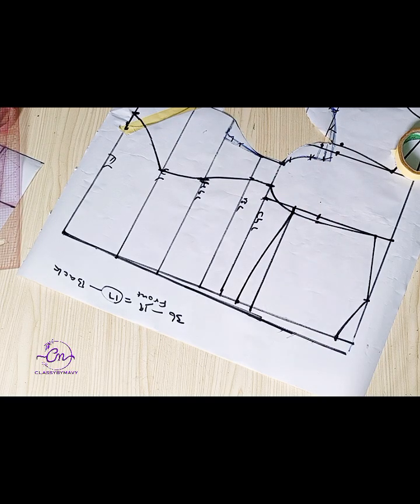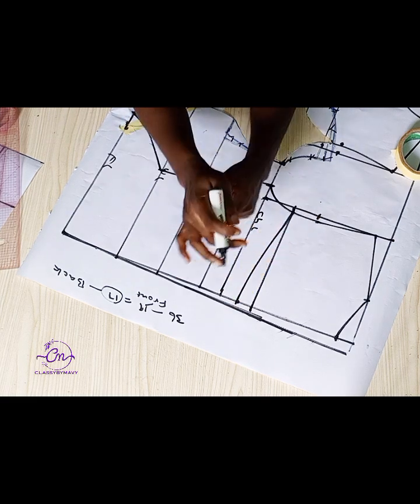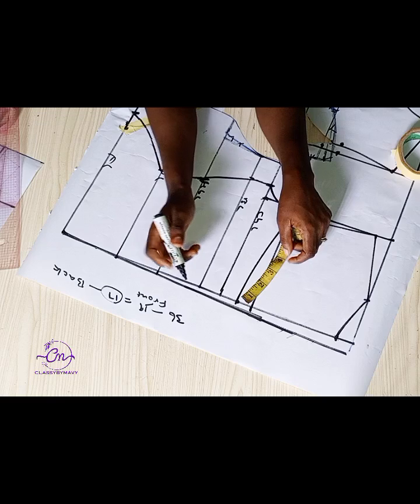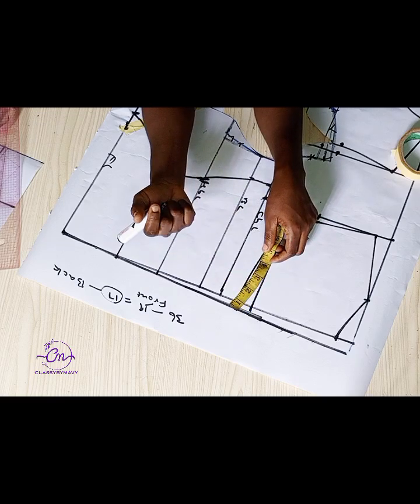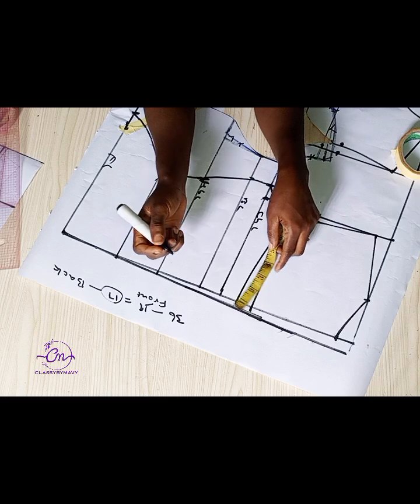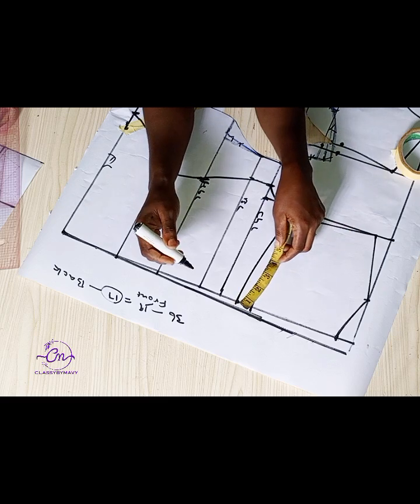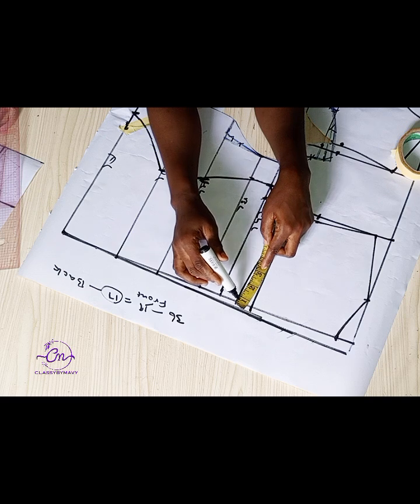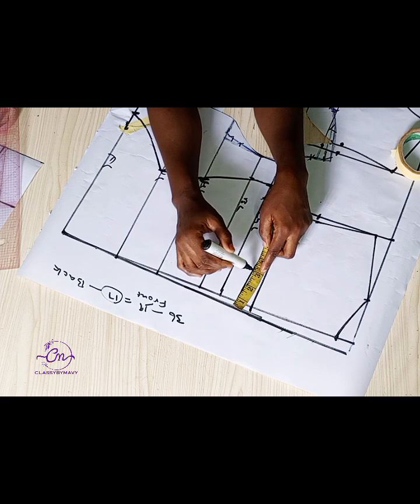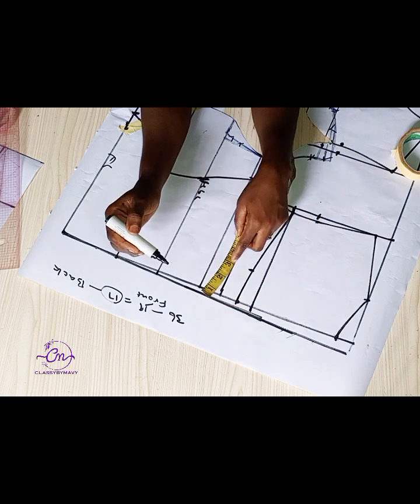Then after that, we will now input measurements to get our back opening, or our lacing bar. For the lacing bar, that's where you tighten the bust area a little. So we will mark 2 inches from the chest line.